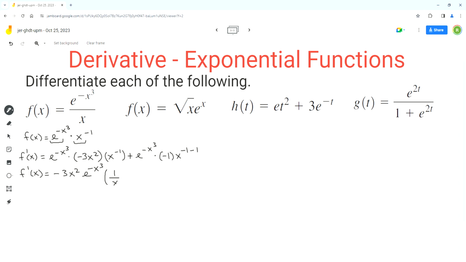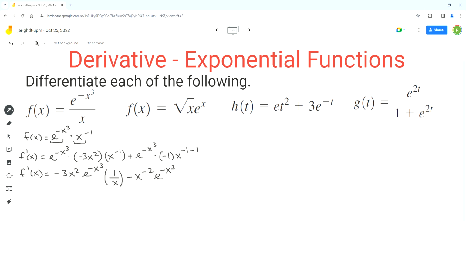So we make the exponent positive. And then in the next part, minus 1 times x exponent minus 1 becomes negative x exponent negative 2, and then e exponent negative x cubed.